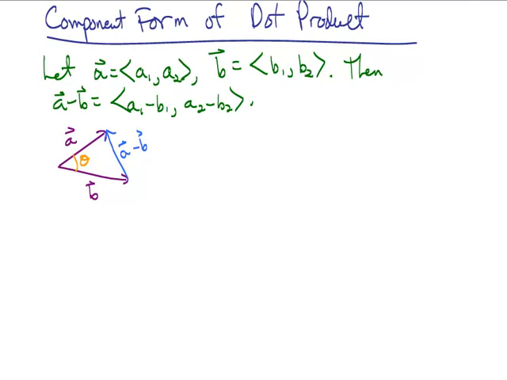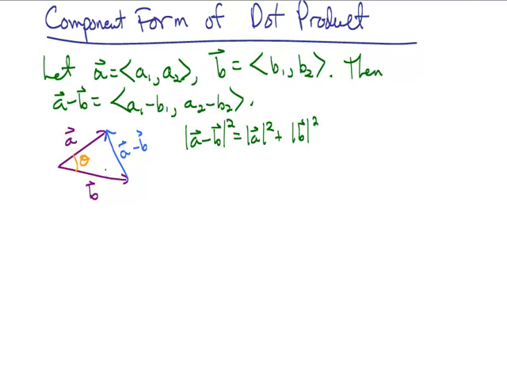That means I have the law of cosines. Remember what the law of cosines said? I got some angle here, theta. The length of the side opposite that, that would be the magnitude of that vector A minus B, squared. That's equal to the magnitude of A squared plus the magnitude of B squared.